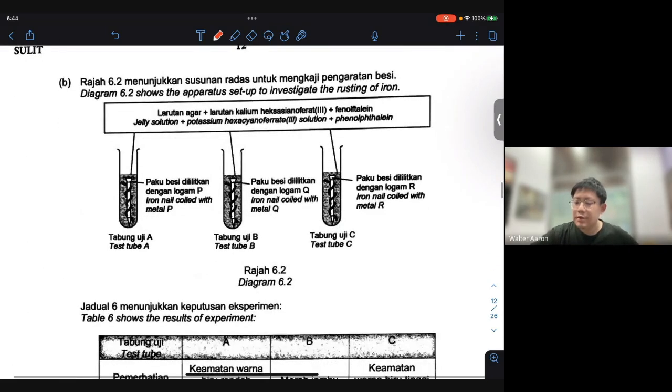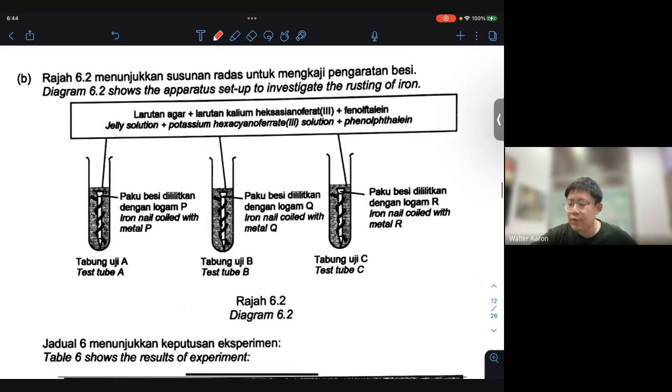Then B, diagram 6.2 shows the apparatus set up to investigate the rusting of iron. So we have a jelly solution with a little bit of potassium hexacyanoferrate(III) solution and also a phenolphthalein indicator.